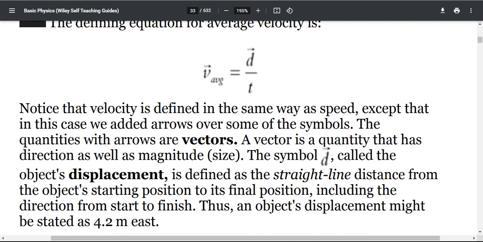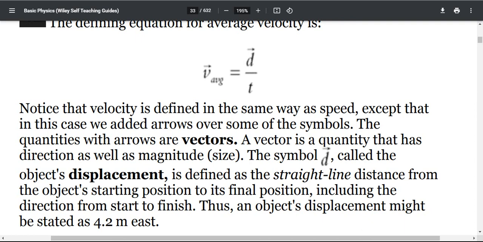The quantities with arrows are vectors. A vector is a quantity that has direction as well as magnitude, or size.